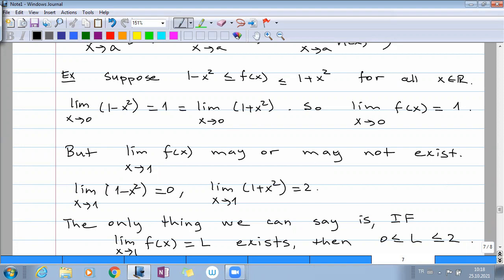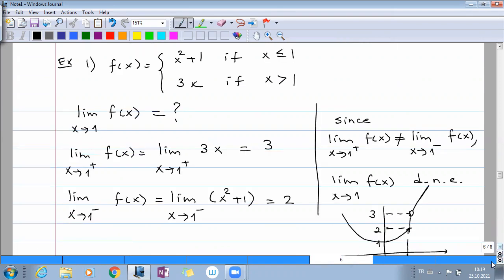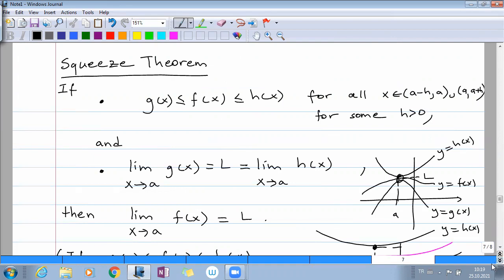If it exists, it must be a number between 0 and 2. But it may not exist, or even if it exists, it can be any number between 0 and 2. Just using this information, that the graph is between the graphs of 1 minus x squared and 1 plus x squared.